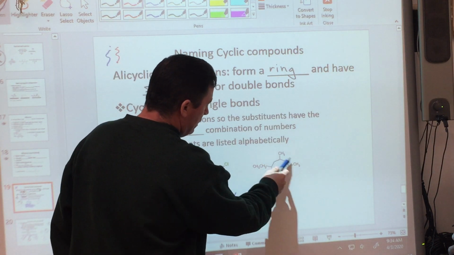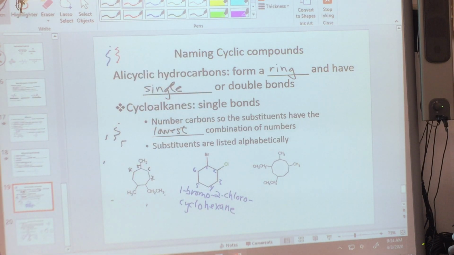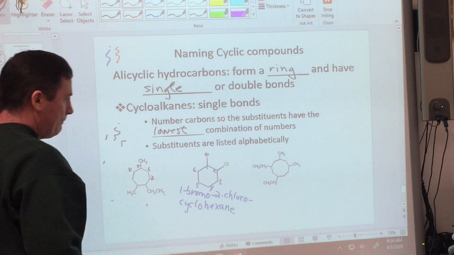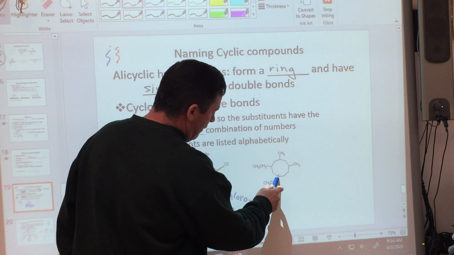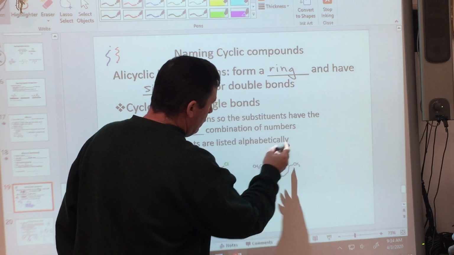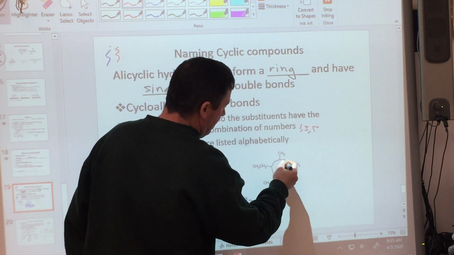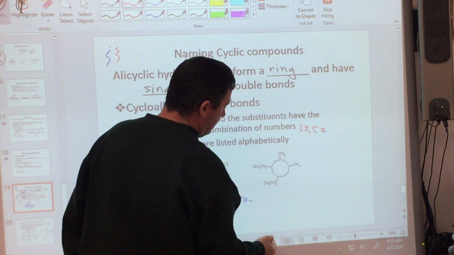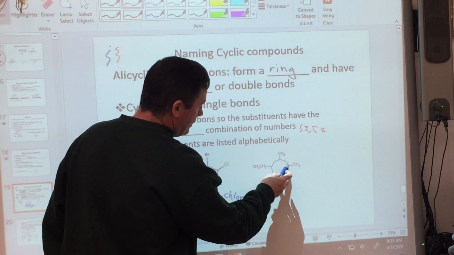I've got 4 substituent groups. Where do I start? What's my lowest combination? I could have 1, 2, 3. I could have 1, 3, 5, 7. Or I could have 1, 2, 3, 4, 5, 6.